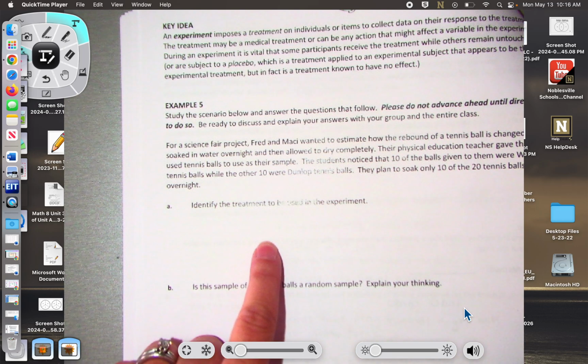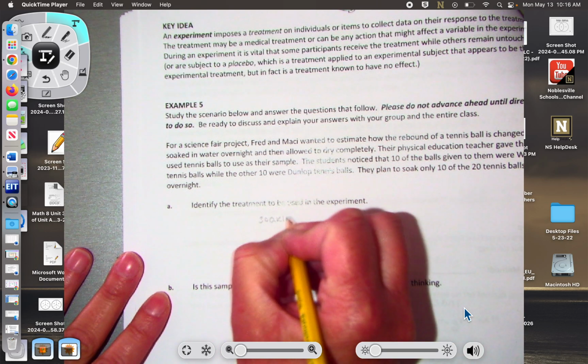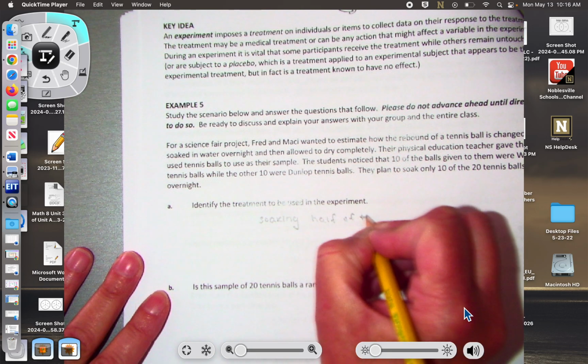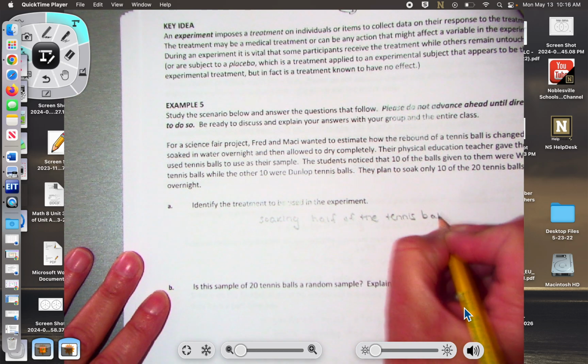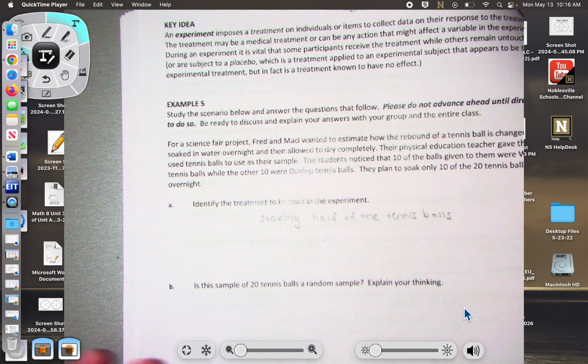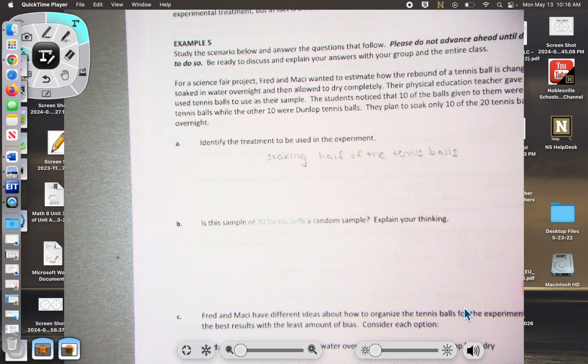Okay, identify the treatment. Obviously soaking half of the tennis balls. Okay, is the sample of 20 a random sample? Explain. Well, I mean, kind of, but not really.